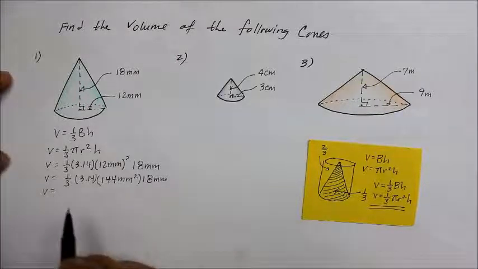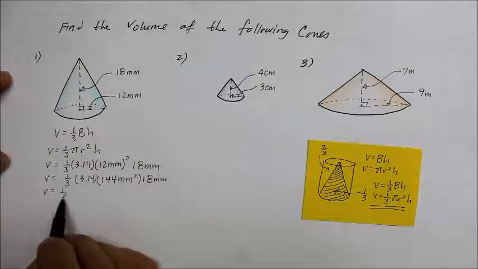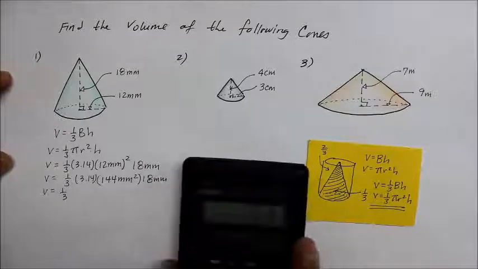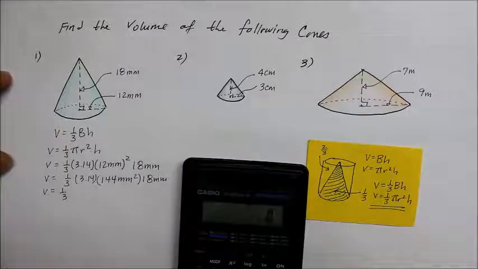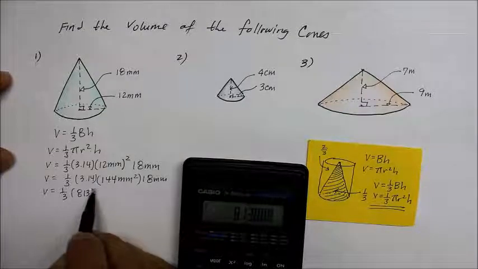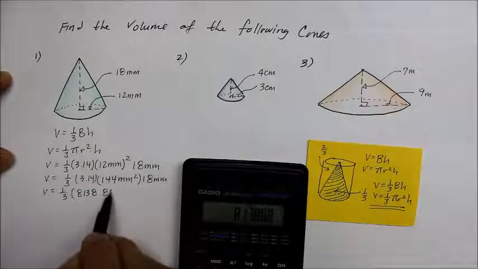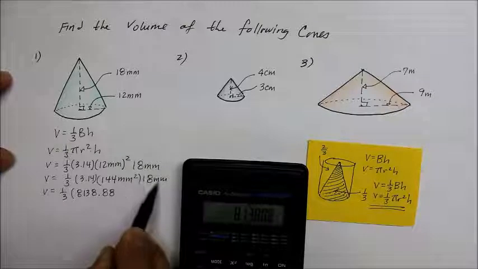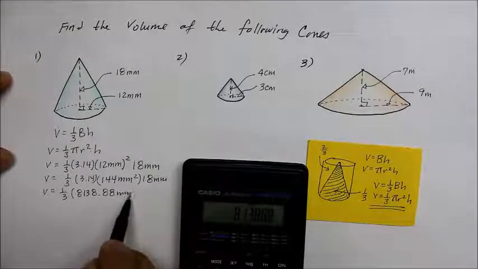So now let's go ahead and evaluate all the numbers in the parentheses using a calculator. So that's 3.14 times 144, the radius squared, times the height of the cone, which is 18. That's going to be 8,138.88 millimeters squared times another millimeter is millimeter cubed.